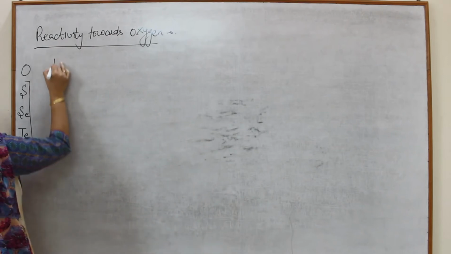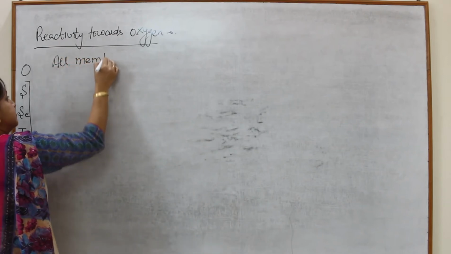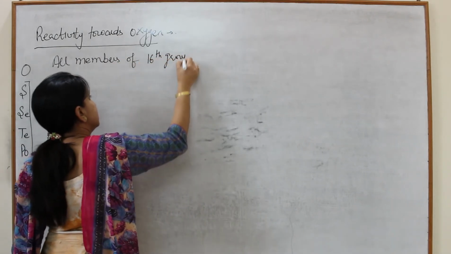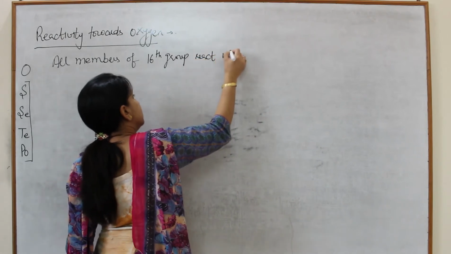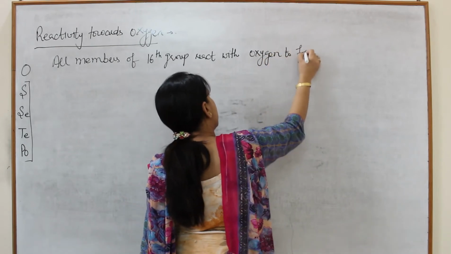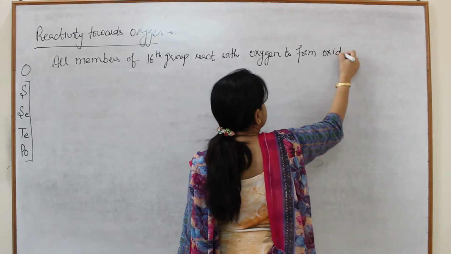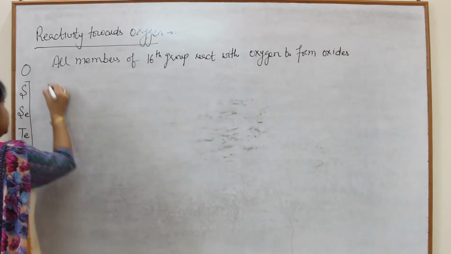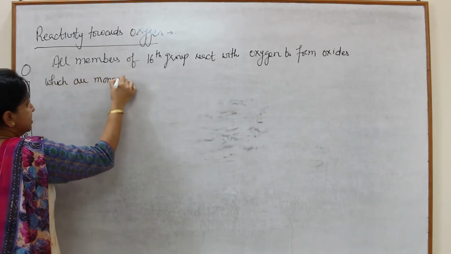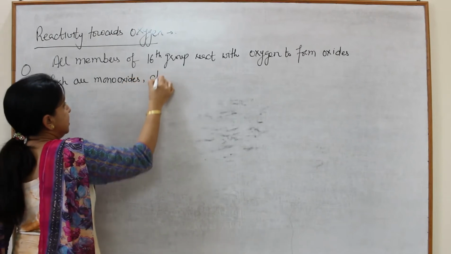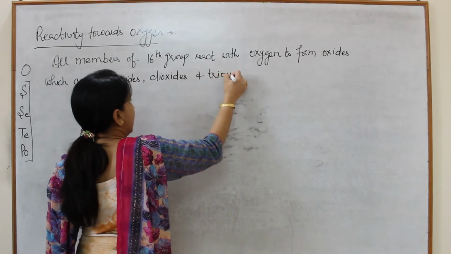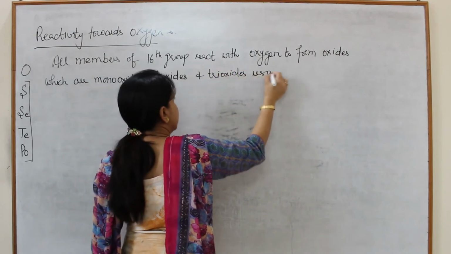So all members of the 16th group react with oxygen to form oxides, which are monoxides, dioxides and trioxides respectively.